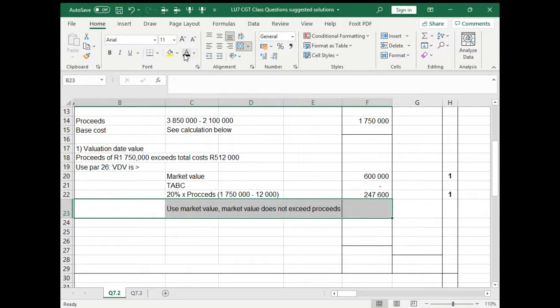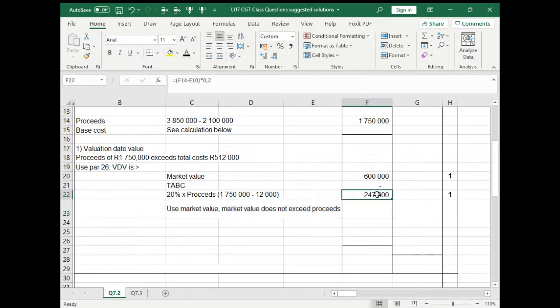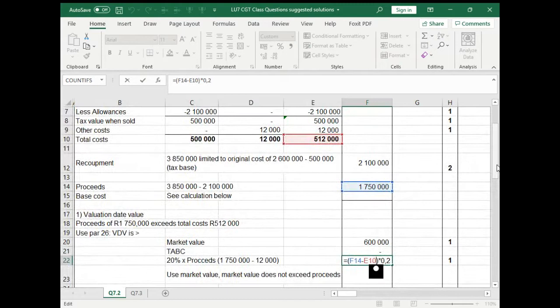It should be 247,600. Did you get that? Yes? No? Did you not get that value? Let me just check my calculation here. Oh, sorry, I deducted the 5. You need to deduct the full cost to the 512, which is the remaining cost.